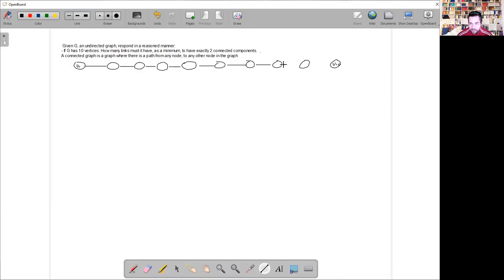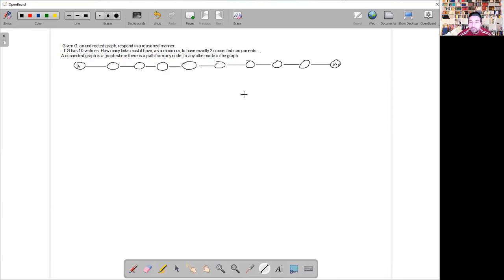With an undirected graph, with something like this, I could access all the nodes in the graph. So I would need nine links in this case.